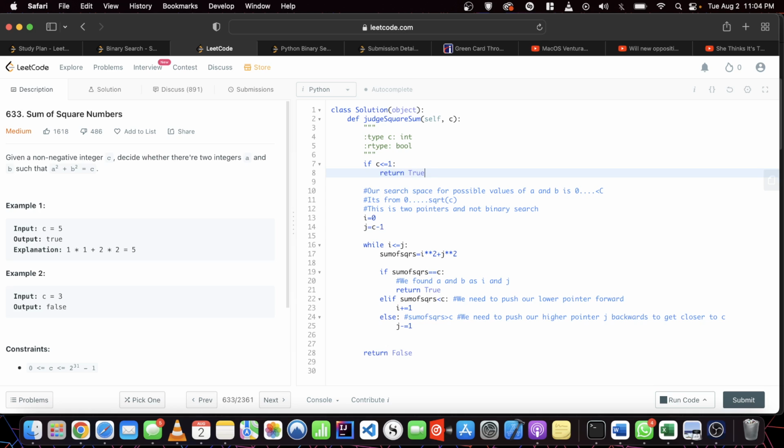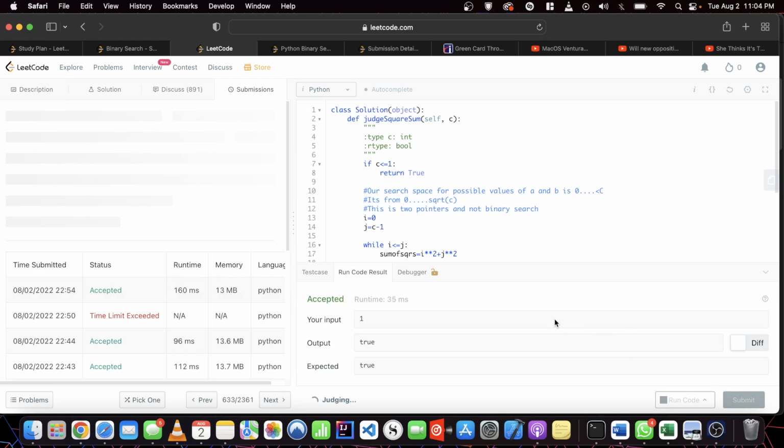Because 0 squared plus 1 squared is equal to 1, and 0 squared plus 0 squared is equal to 0. So for any number greater than 1, that's where the conditions we looked at earlier work.